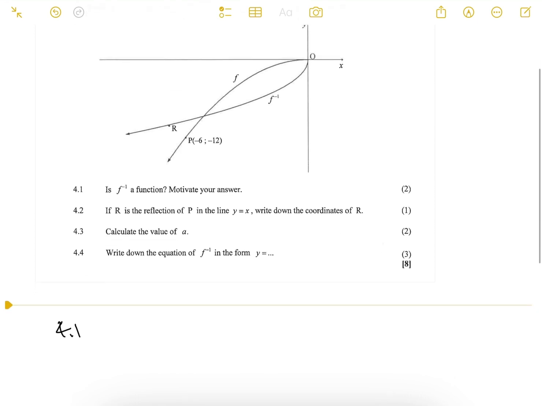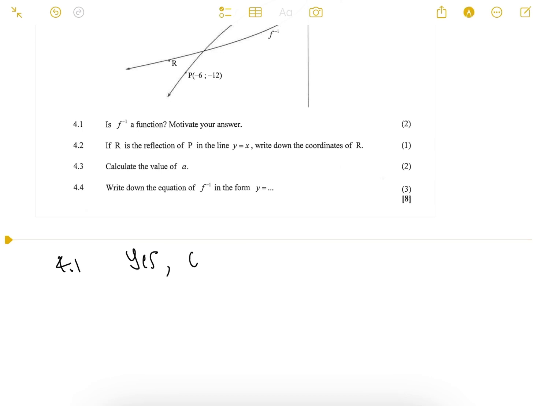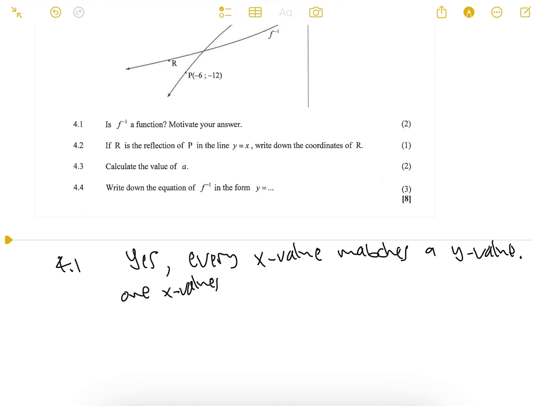It is a function because every x value matches a y value, which is basically saying that one x value corresponds to one y value.